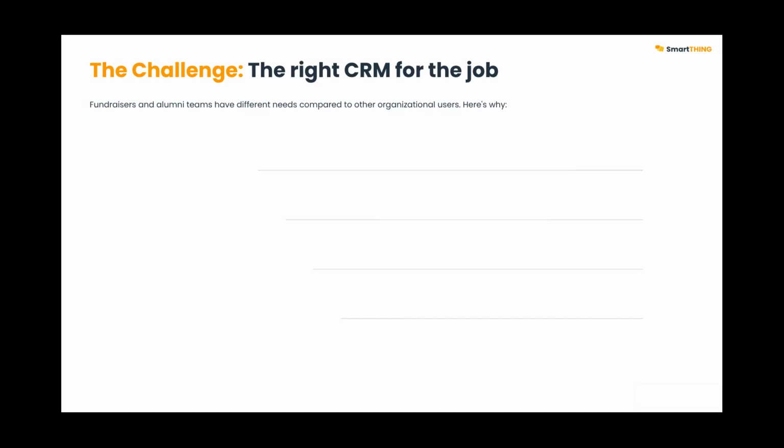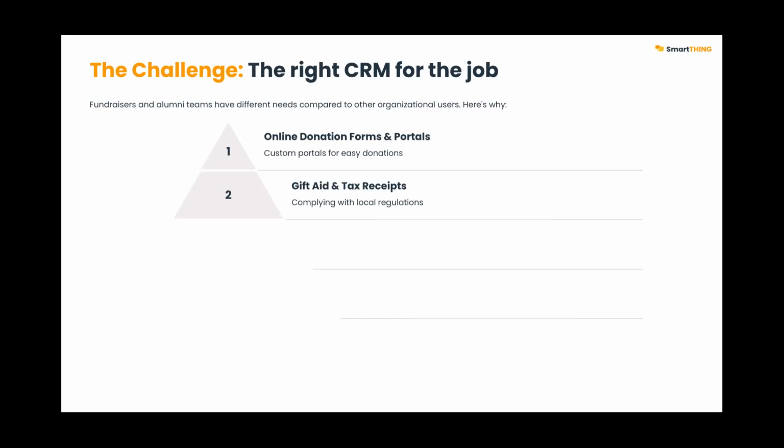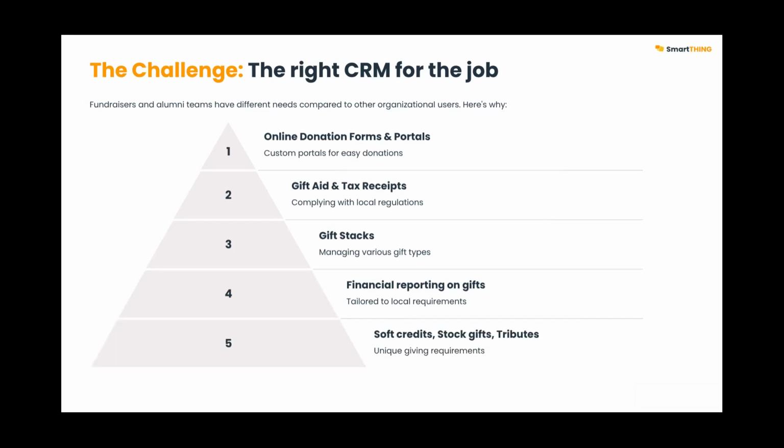So a dedicated fundraising CRM like Blackbaud can handle aspects like online donation forms and portals, gift aid and tax receipts, gift stacks. There are already pre-built reports on all the breakdowns that a fundraiser would need to know about. Soft credits, stock gifts, tributes, the list goes on.